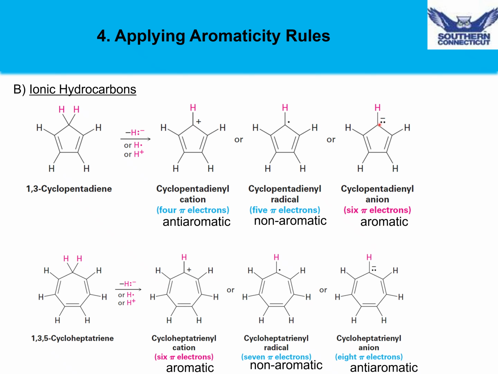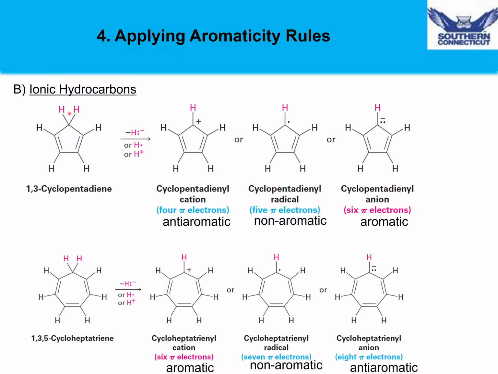Or if it's not beneficial towards the compound, in other words, if it's not going to allow the compound to be aromatic, or maybe if it's going to make the compound anti-aromatic, the lone pair instead of being in a p orbital, will be usually in an sp2 orbital perpendicular to the pi cloud of the ring, and therefore it won't count towards the electrons that are part of the pi cloud.